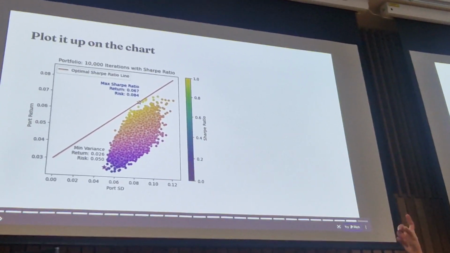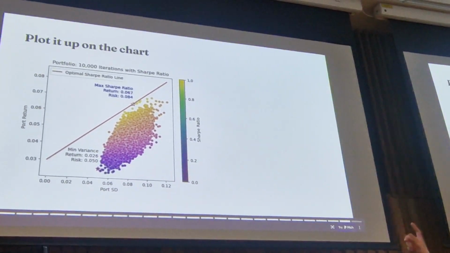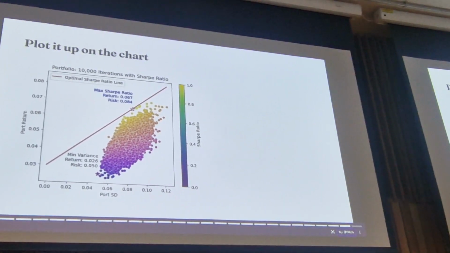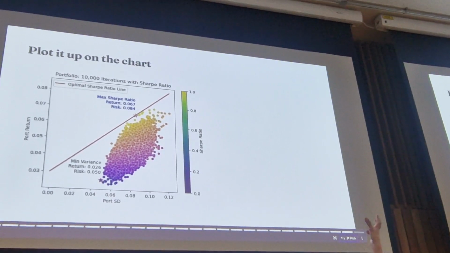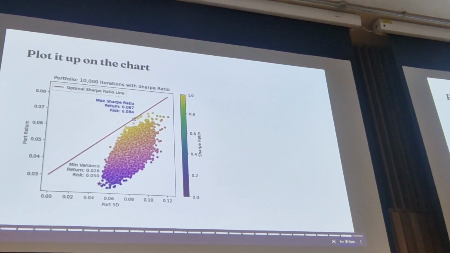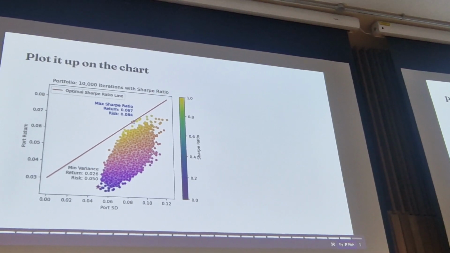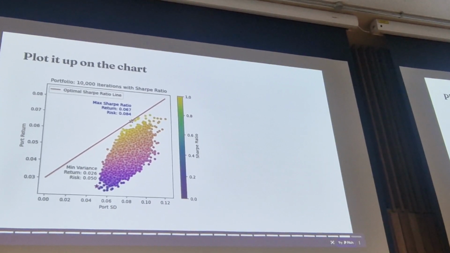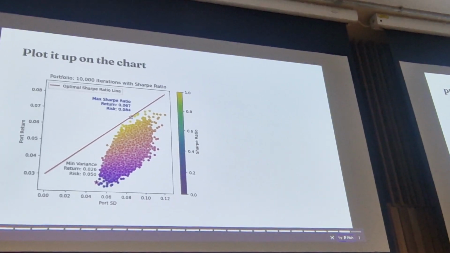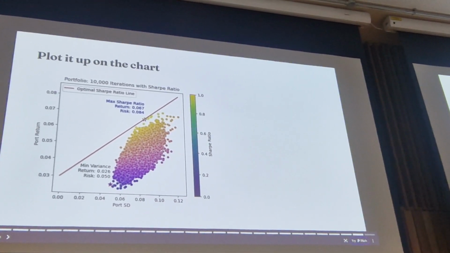The gradient color for the dots represents the Sharpe ratio, with the scale on the heat map color bar. And I took a risk-free rate of 3%, but of course you can set it arbitrarily as well.